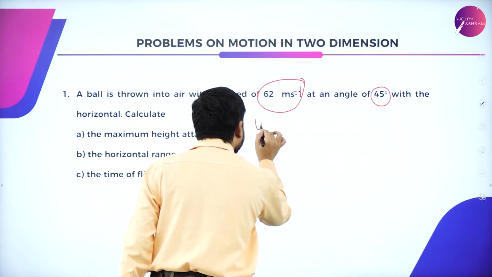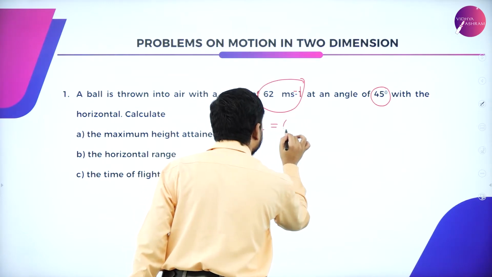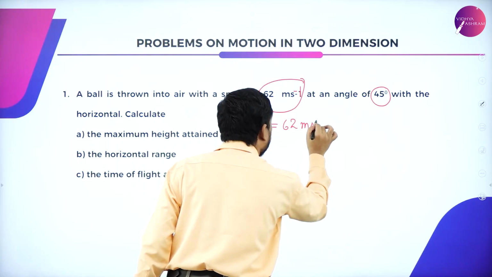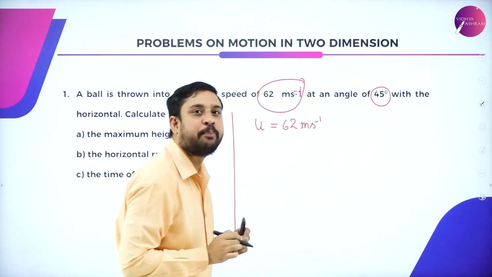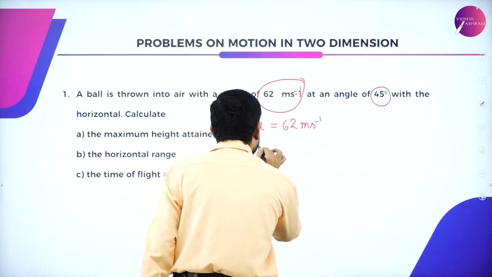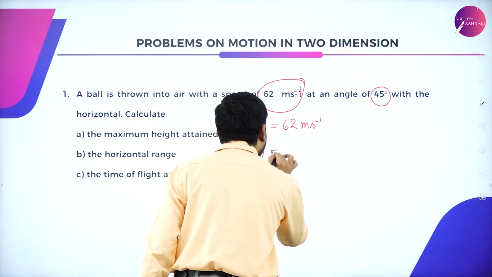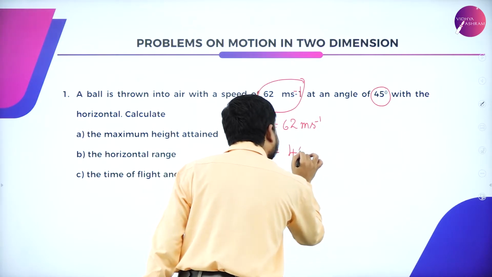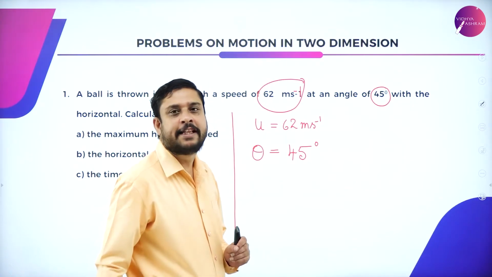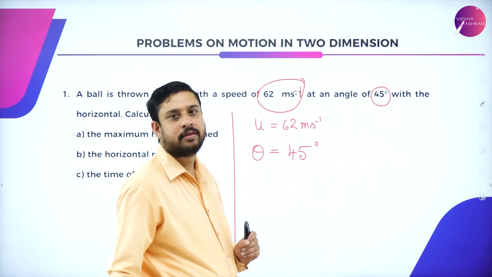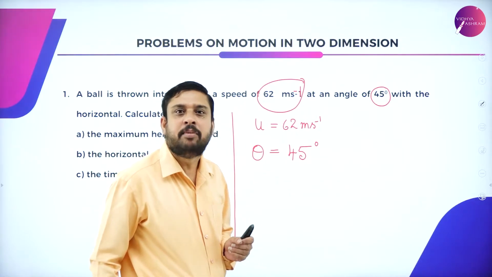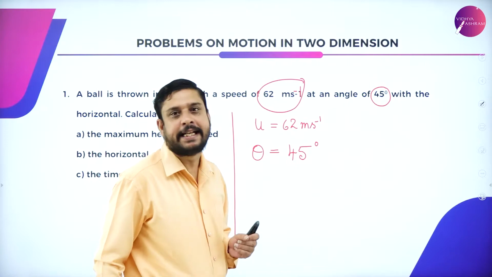So velocity of projection is given to be 62 meters per second. Angle of projection is given to be 45 degrees with the horizontal. First, I will calculate the maximum height attained.